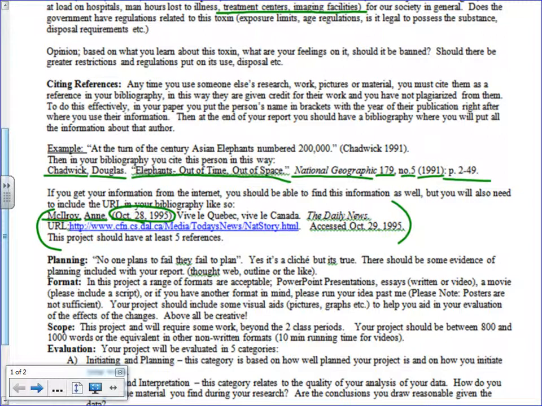Then the name of the article, and then the name of the website. So you'd say, Vive le Quebec, Vive le Canada, that was in the Daily News. Then you can give me the URL, www.mrcodere-I-didn't-steal-this-stuff.com. And then the day you accessed it. Hopefully not October 29th, 1995.